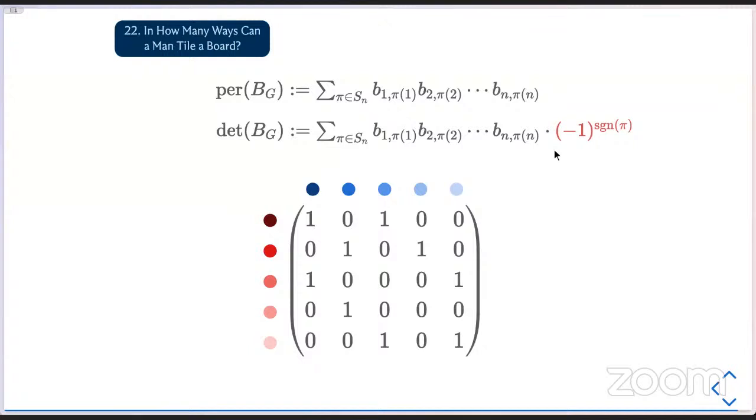Now, you might be wondering what's all the fuss about. We have an expression that counts the number of matchings. It even has a nice name, it's called the permanent. So why can't we just say that the number of matchings is counted by the permanent, just compute the permanent and be done with it?